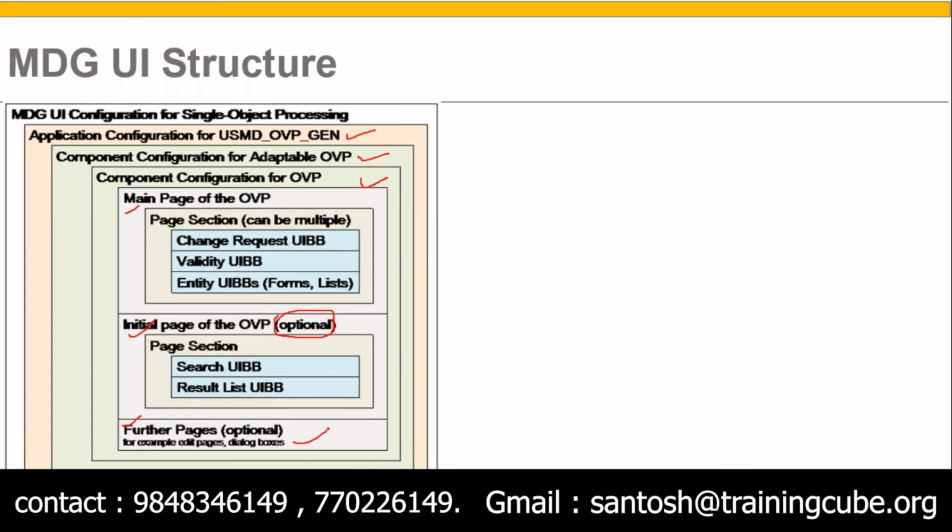One point we need to understand here is we don't explicitly design this change request UIBB. This UIBB is automatically designed or generated by communicator settings. If we do certain communicator settings, automatically the framework will generate these two UIBBs.